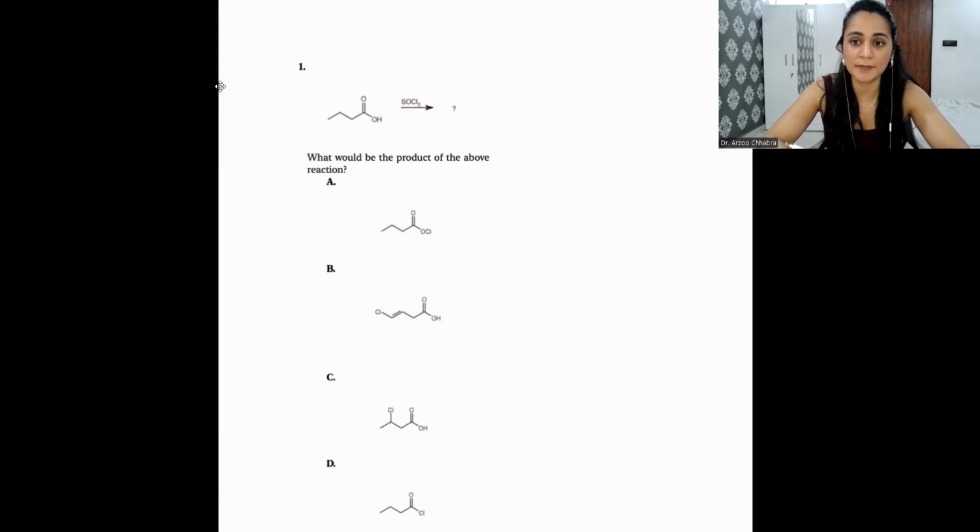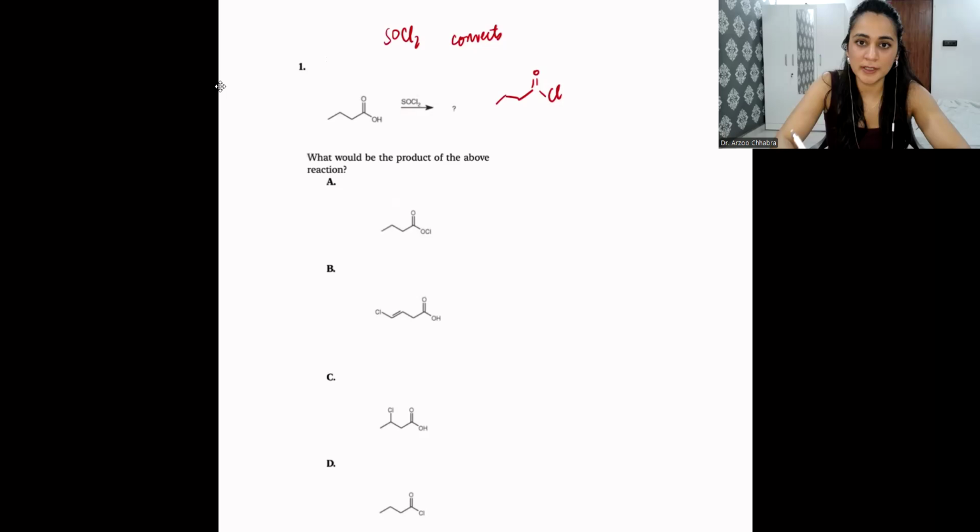The product of this reaction is carbonyl chloride, because what we do know is that SOCl2 always converts your OH to a Cl group. It always just converts an alcohol to a chlorine.